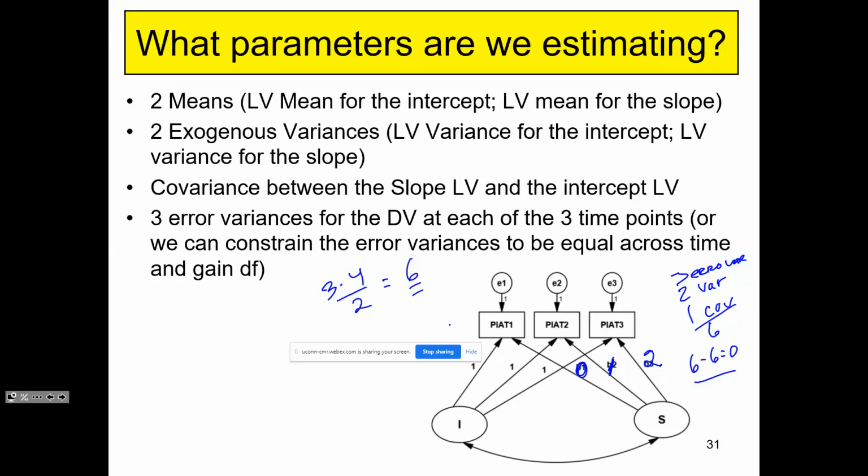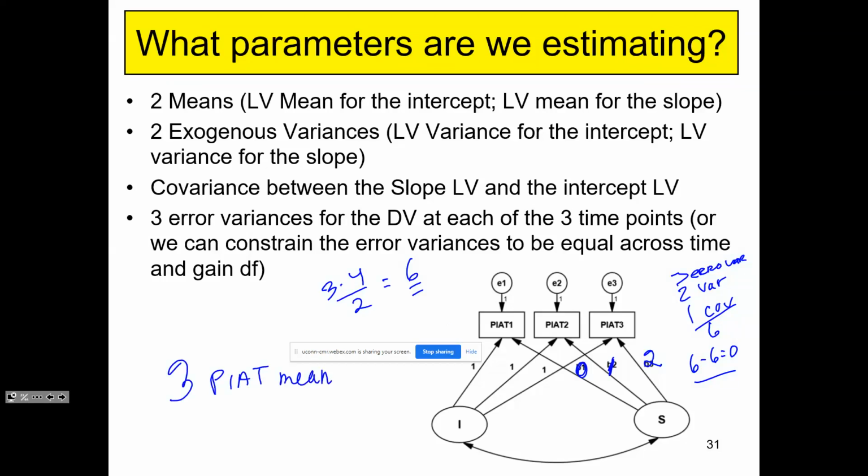But because we're looking at growth, so we're looking at change, we need means. If you want to know about change and growth, you need to be thinking not just about variances and covariances, but also about means. On the mean side of the model, I have 3 means for the observed variables.